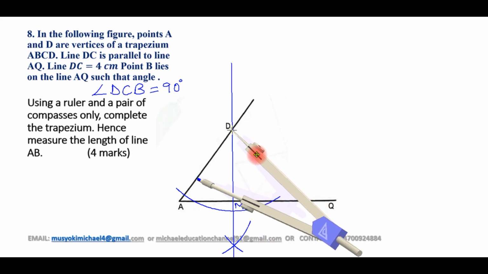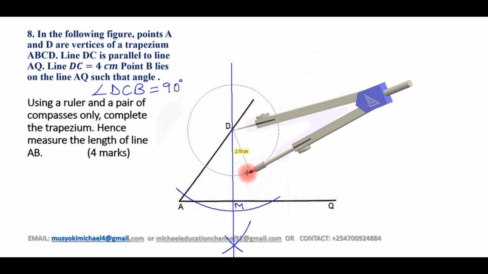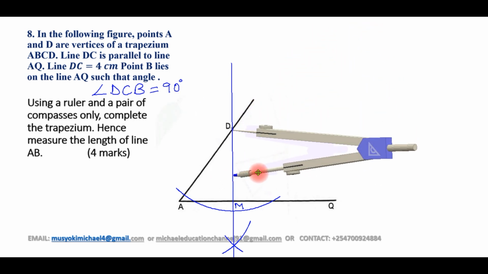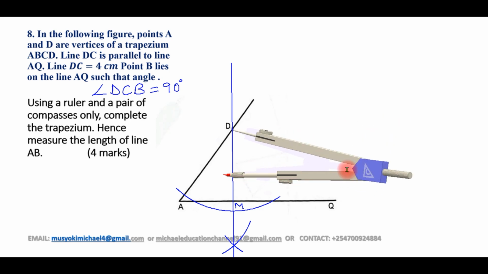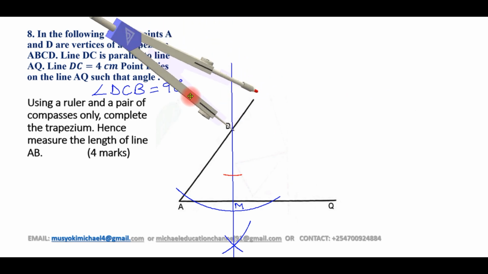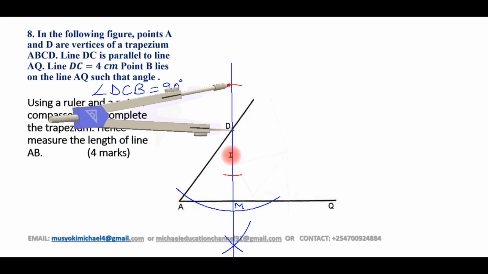So at this point here, so that point, and also on the other side do the same. Then I'm going to bisect again.